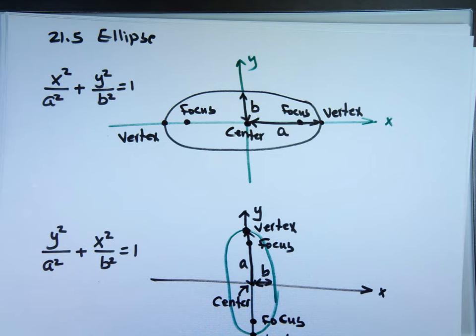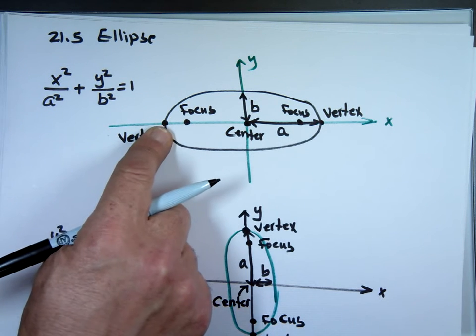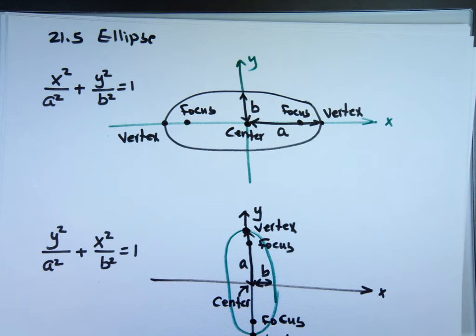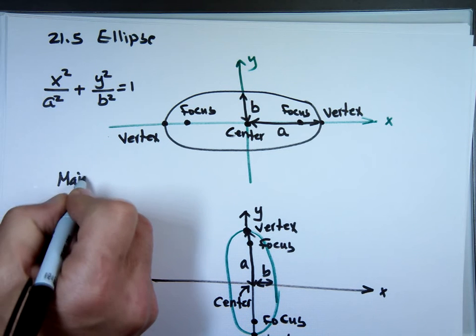Now, a couple more things in terms of terminology. The longer side from the vertex to the vertex is called the major axis, and this is called the minor axis. Major axis, I'll just go like this.